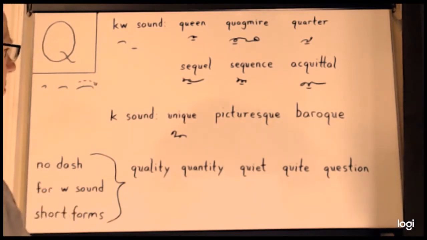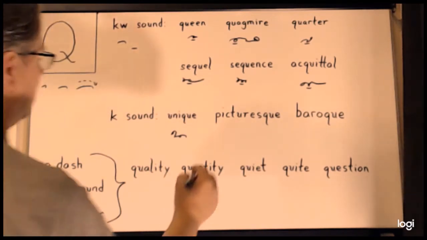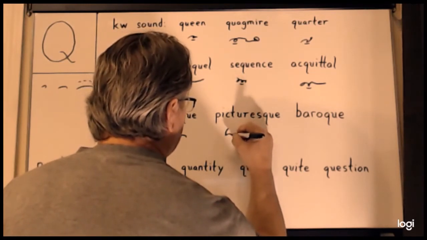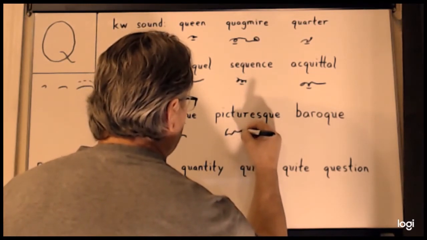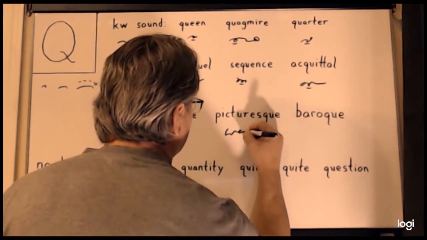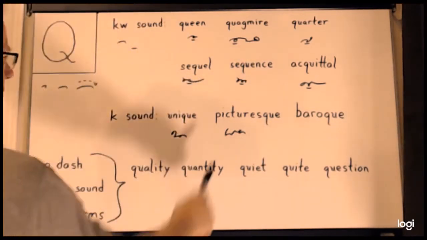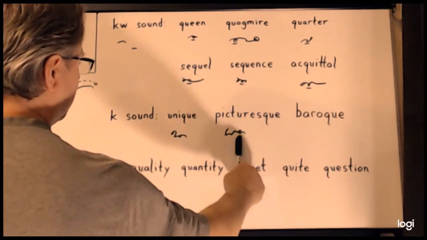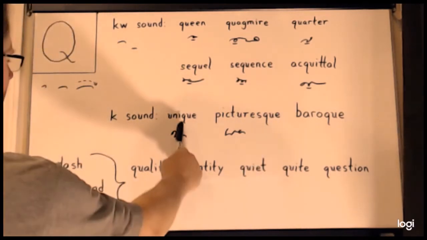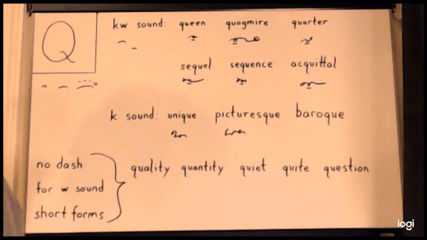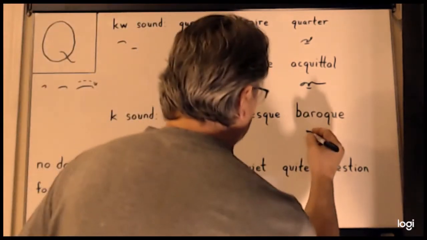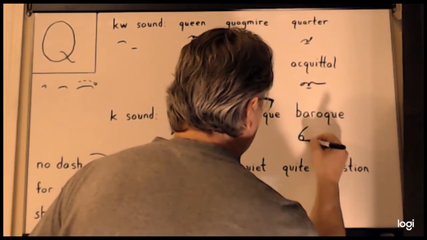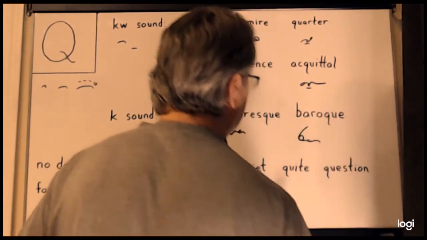And then for picturesque, we'll just use a P, K, T, R, E, S, K for picturesque. So in this sense, the QUE is just represented by the K sound. The same thing here with unique. And then for Baroque, we'll have B, A, R, O, K.